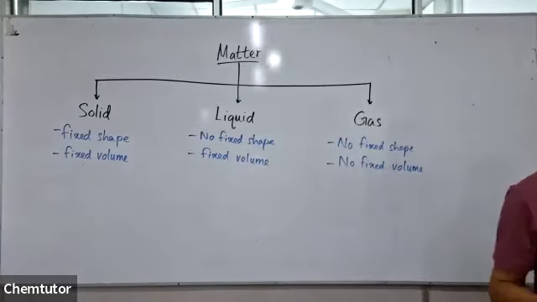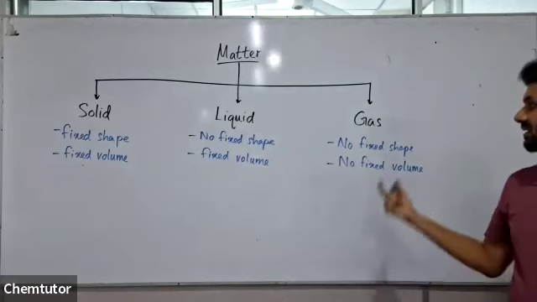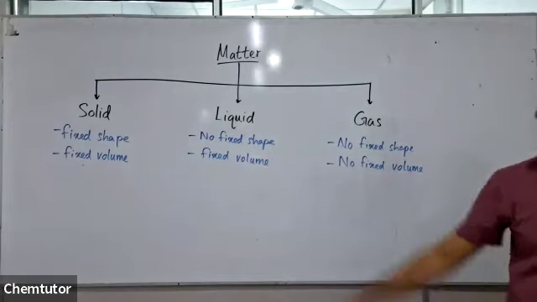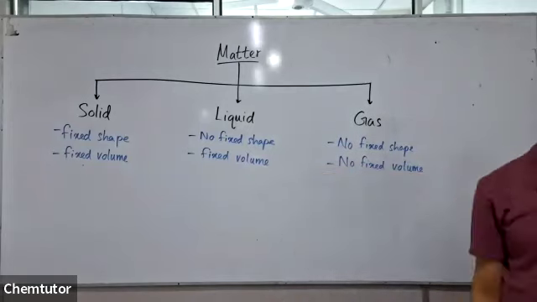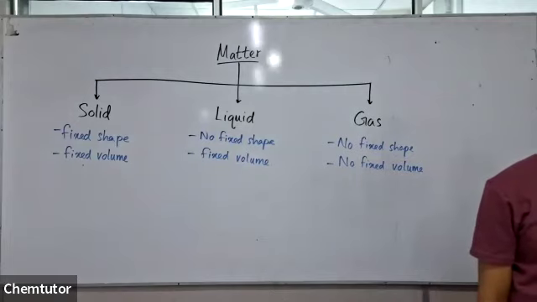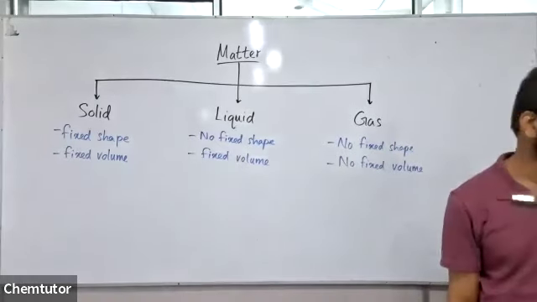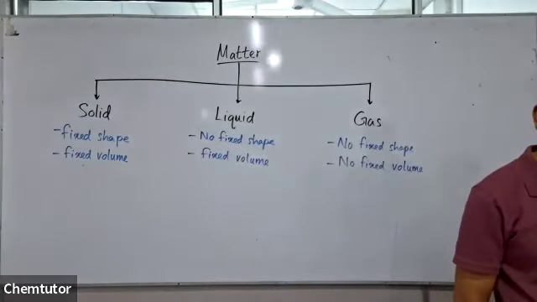Is it clear? The liquids will occupy the shape of the container and they have a fixed volume. So now we are talking about the properties of these three states of matter: solid, liquid, and gas.